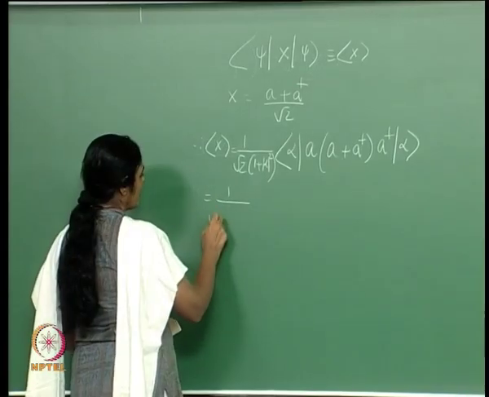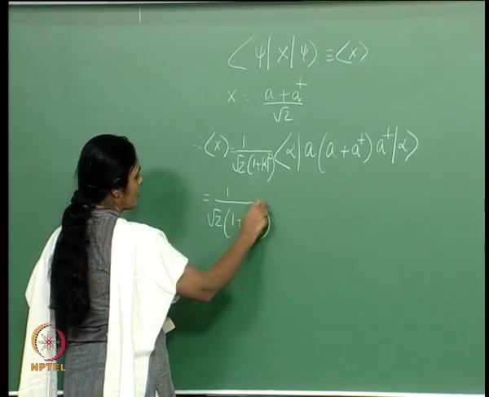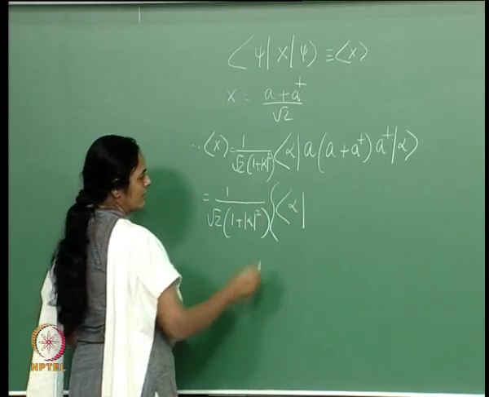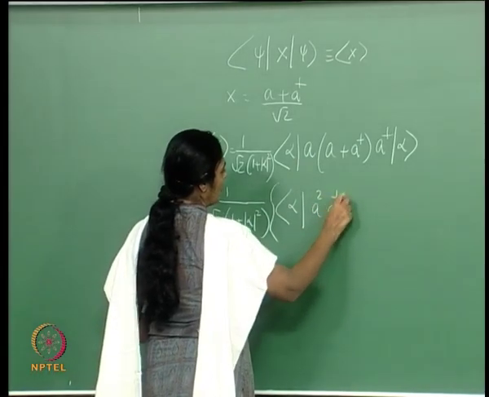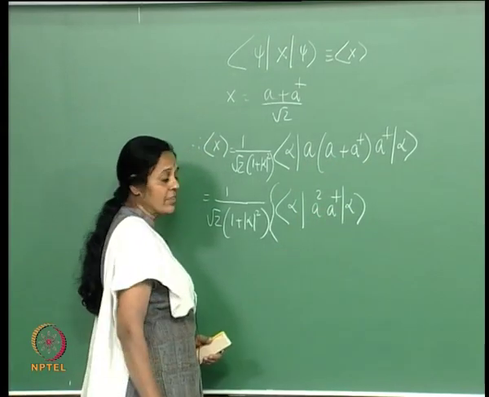Now, that is just 1 by root 2 times 1 plus mod alpha squared. I have two terms here. The first is the expectation value of A squared A dagger in the state alpha.